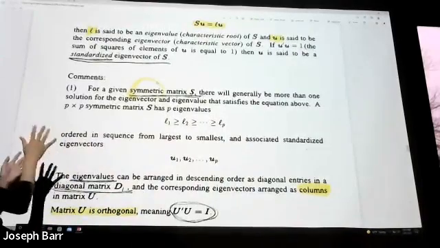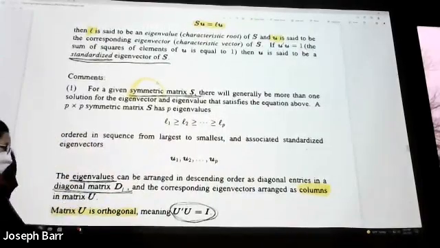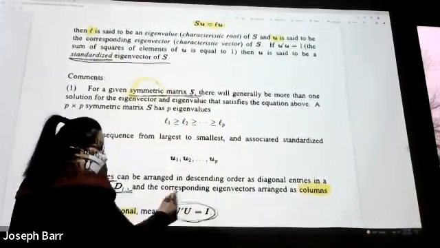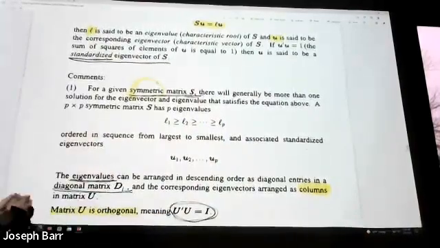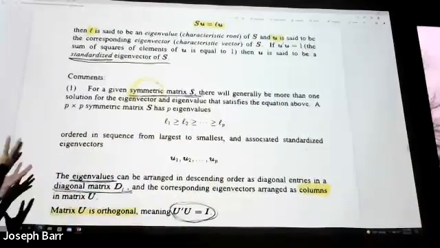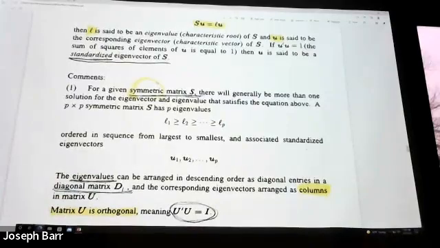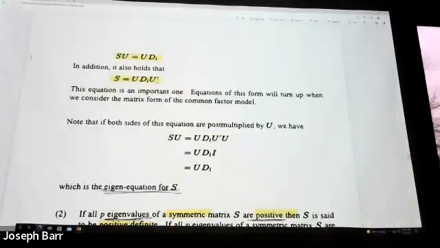So we just have a review of the orthogonal definition. For an orthogonal matrix, the transpose of the matrix times the original matrix is the identity matrix, or the inverse of the orthogonal matrix is the transpose of the matrix. And we also have these good properties based on the previous derivation.